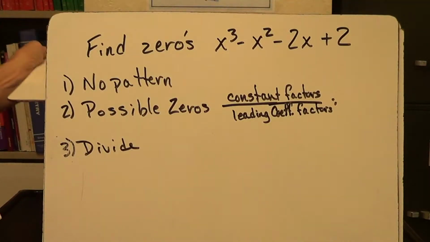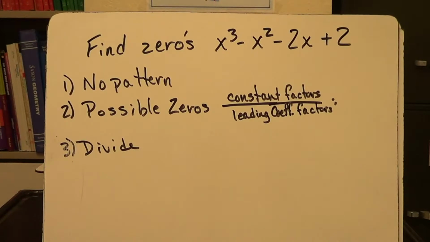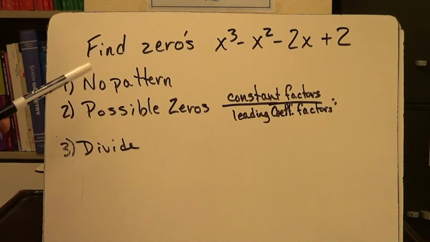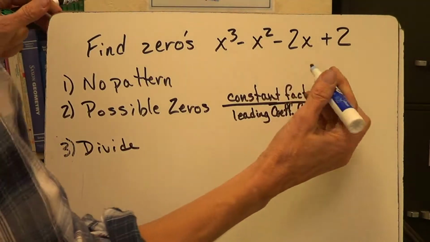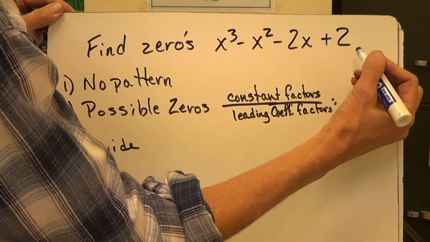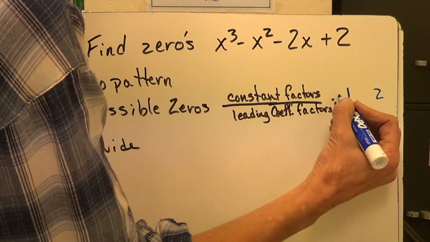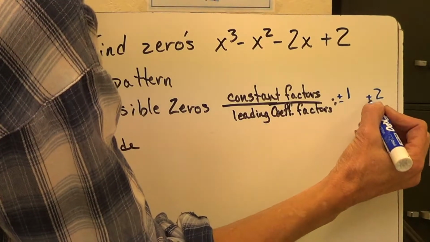Next one. If you get into a situation where there isn't a pattern, then I want you to think about what are the possible zeros. And remember, you take the factors of your constant. Factors for 2 would be 1 and 2, positive or -1, positive or -2.